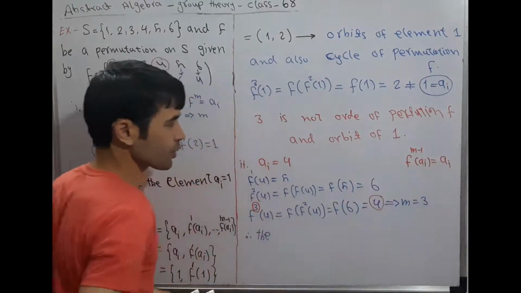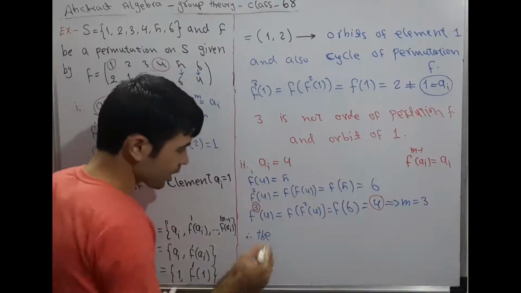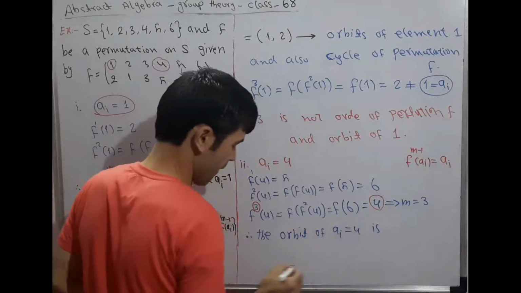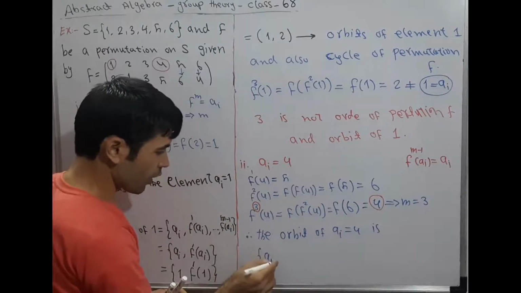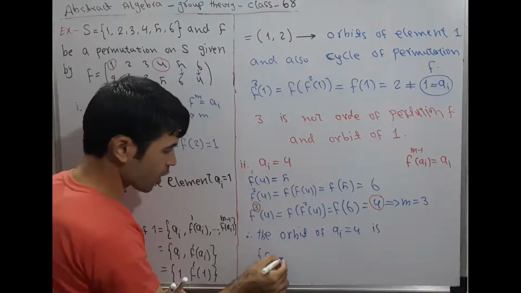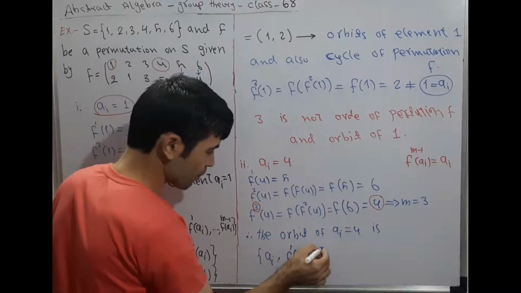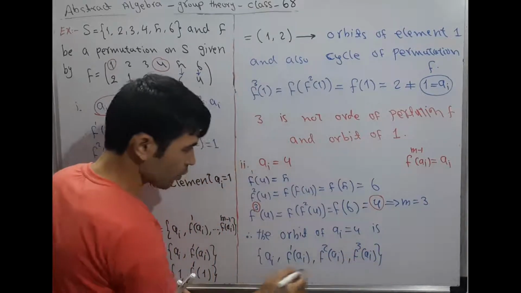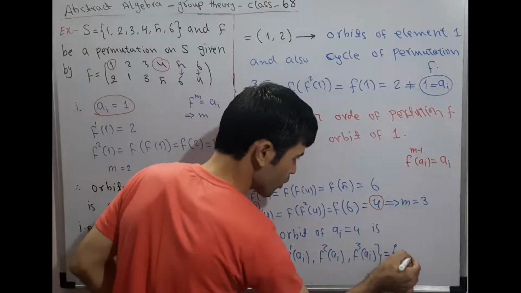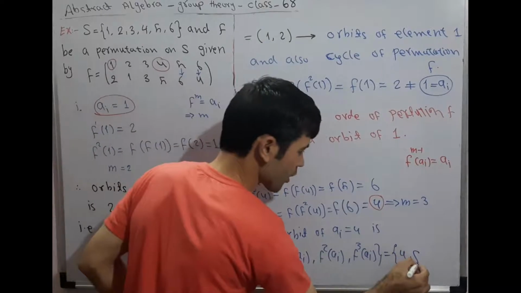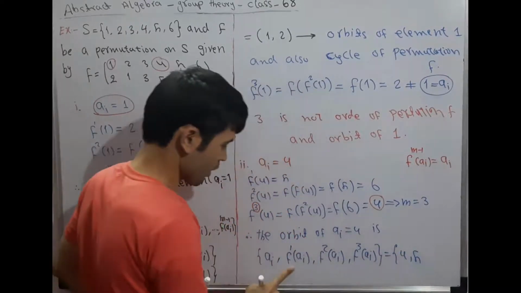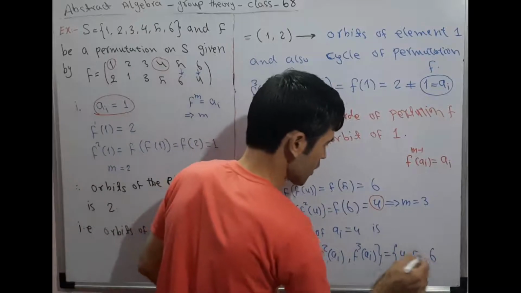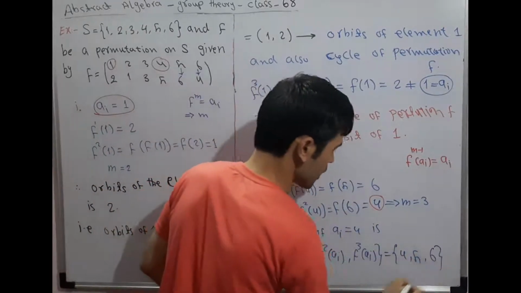The same definition holds. So we say that the orbit of ai equal to 4 is ai, f of ai, f squared of ai, where ai is 4, f of ai is 5, f squared of ai is 6, and f cubed is again 4.